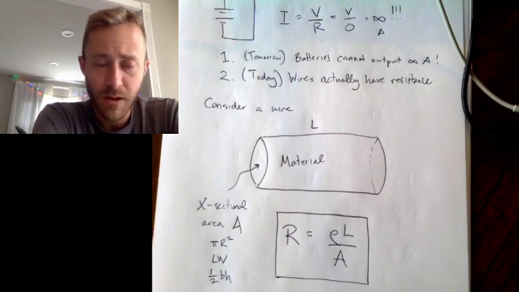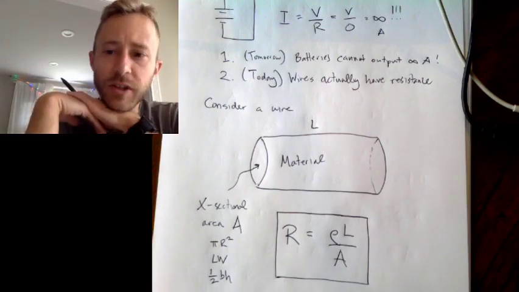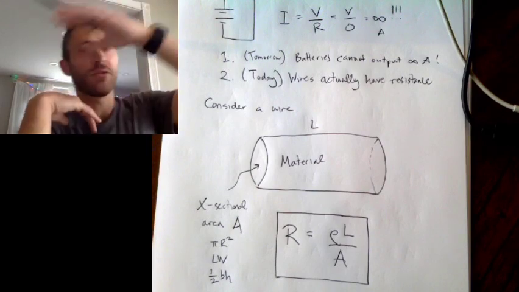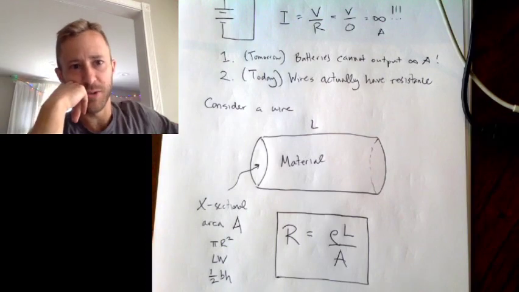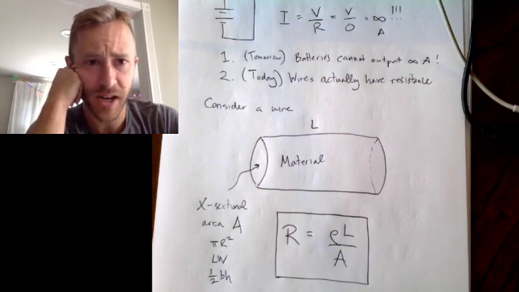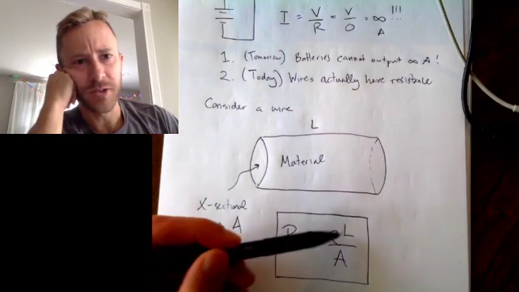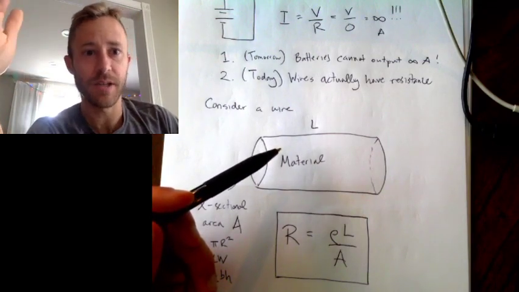So if you have a super duper long wire, for example, the wires that are used to carry power from the place where the power is generated to your house, that's a long wire because you don't have a power station in your neighborhood. That's going to have a pretty significant resistance. So basically, resistance increases the longer the journey is.